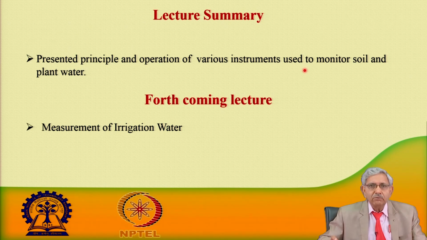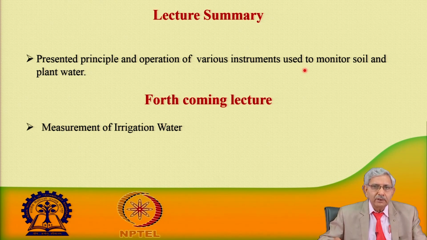So, in this particular lecture I have tried to present and explain the principle and operation of various instruments to monitor soil and plant water, which are useful for irrigation purposes and for connecting with an automated irrigation system.